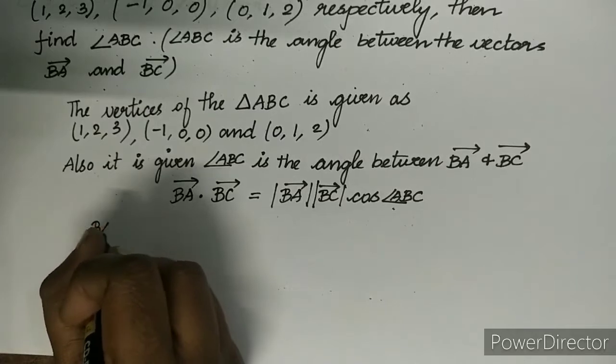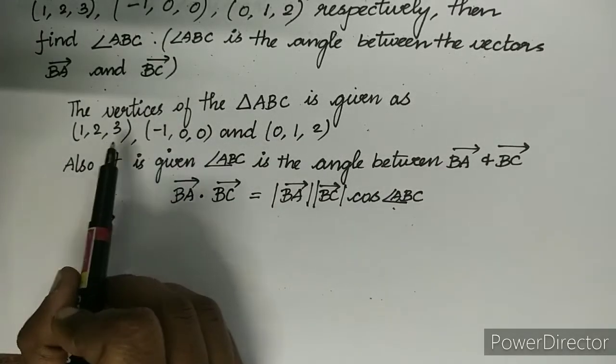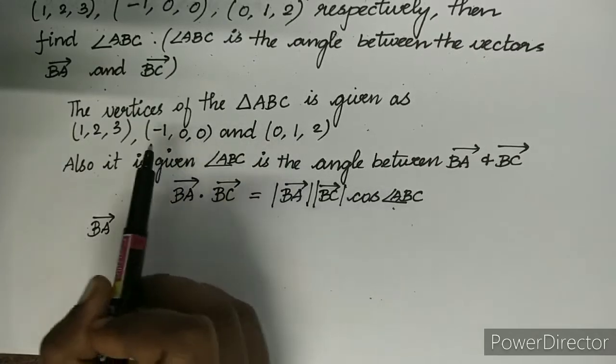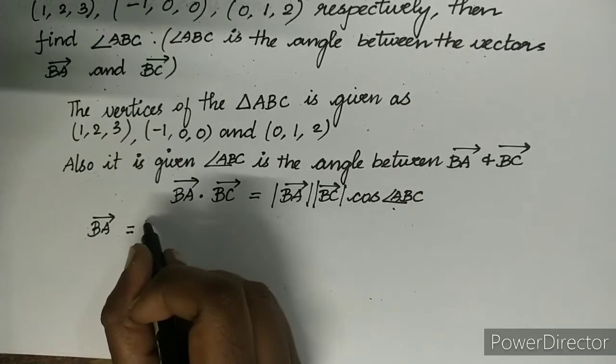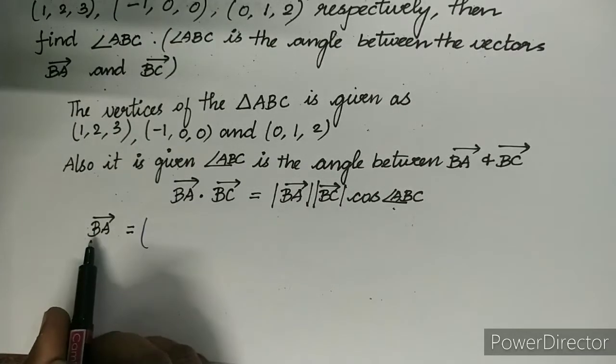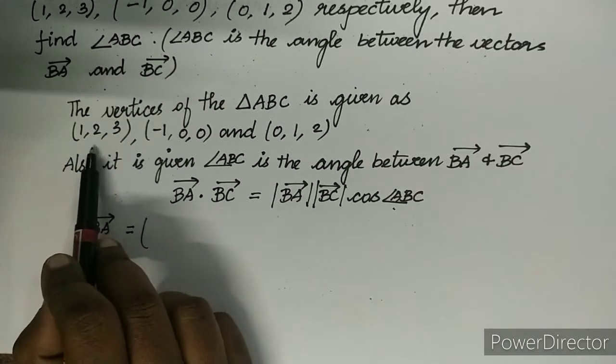First we will find BA vector. This is our point A, B and C. BA vector is equal to, here B is the initial point and A is the terminal point.